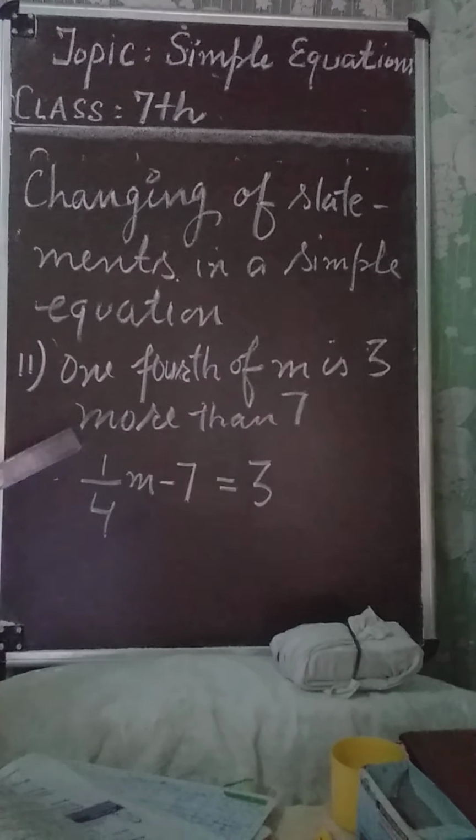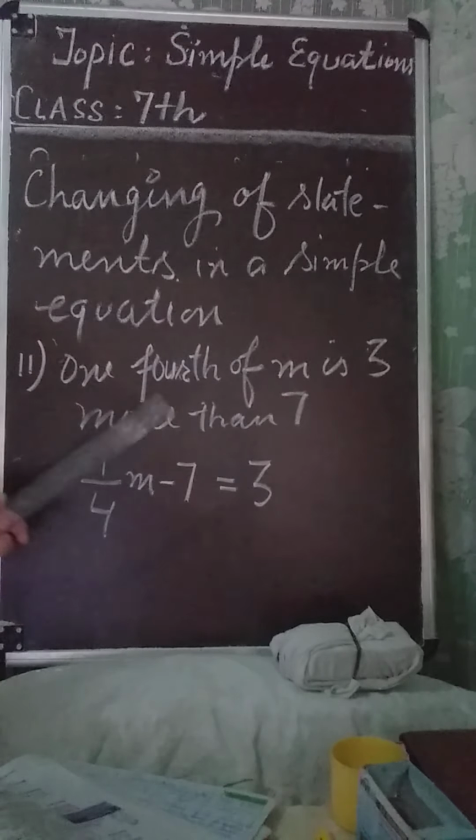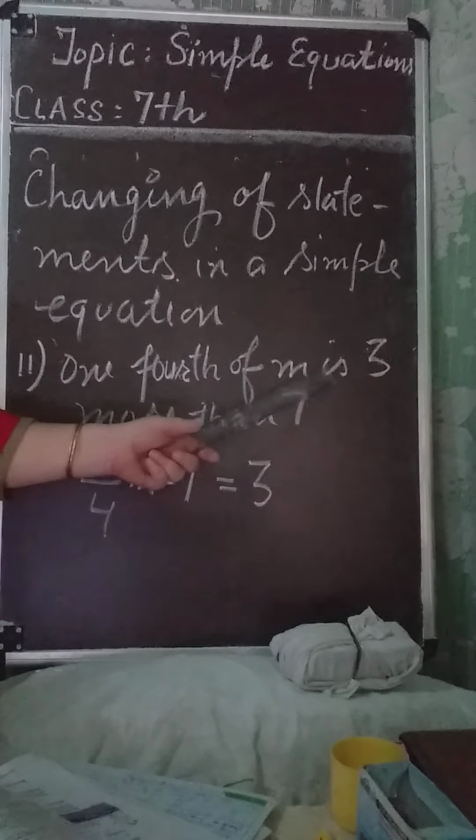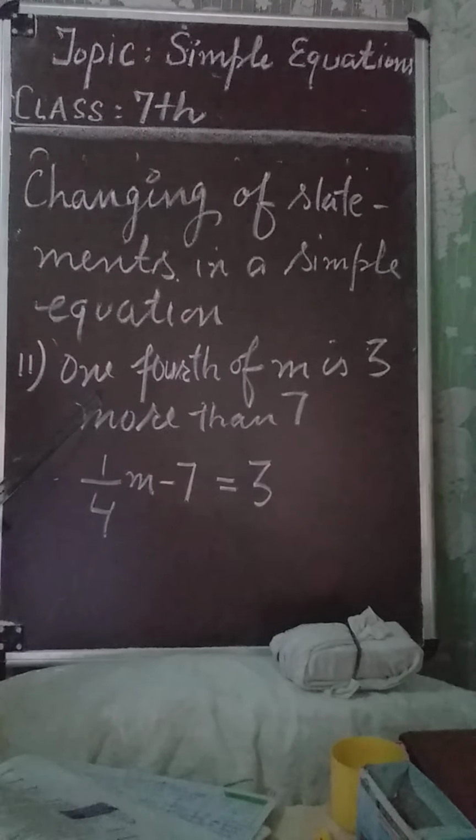That means when you subtract 7 from 1/4 m, that is equal to 3. Here you have to understand which sign to put. I have put a minus sign because it is more than this, so then only the equations will be equal.